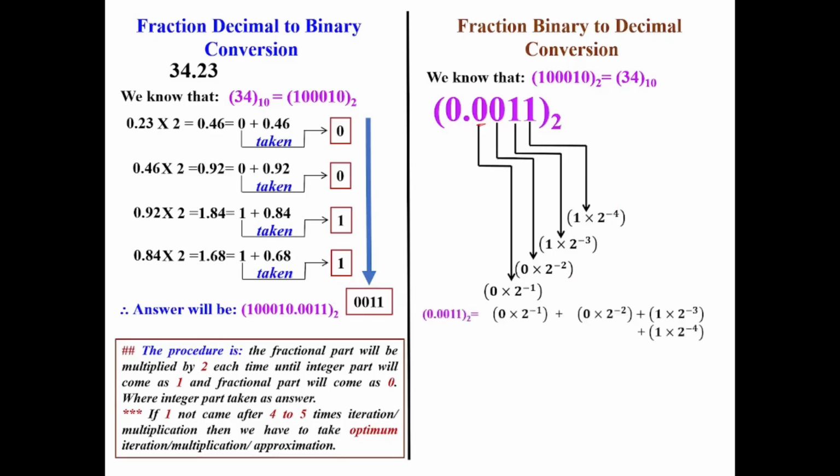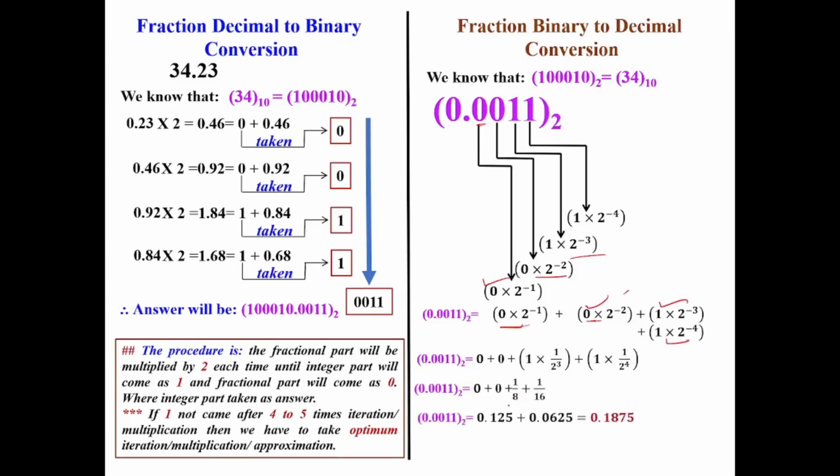We add these values: 0, 0, then 1 by 2 to the power 3 and 1 by 2 to the power 4, which is 1 by 8 plus 1 by 16. 1 by 8 is 0.125 and 1 by 16 is 0.0625.